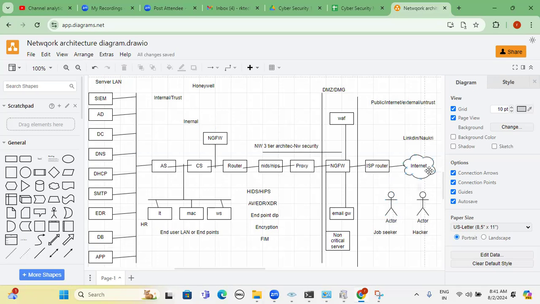First it will go to the internet, then to the ISP router of Honeywell, then to the next generation firewall, then to the proxy server of Honeywell, network IDS and network IPS, then router and switch, and finally to where the application related to the Honeywell careers page is developed. Obviously it is on top of a web server or app server, which may be Apache Tomcat, Windows IIS server, NGINX server, or Red Hat Enterprise Linux and so on. So now the traffic is coming from untrust to the trust zone of Honeywell. This particular traffic we can call inbound traffic.